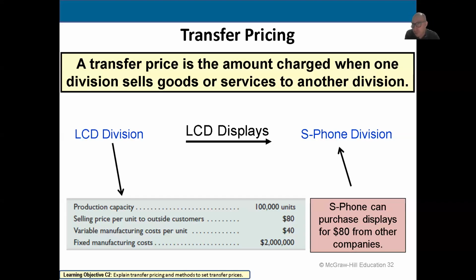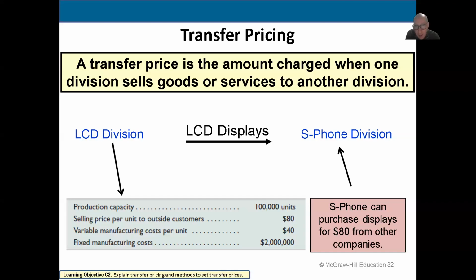Along with this transfer comes a concept called transfer pricing, which I'm going to talk about very briefly. Don't worry, I'm not going to have you dive too deep into transfer pricing, but I just want you to understand what it is and how it works. Transfer pricing occurs when there's a negotiation between both managers from both stores as they talk about the price per unit to get it from one store to another. We look at things like the sales price, variable cost per unit for manufacturing, and total fixed manufacturing cost, and the total production capacity.